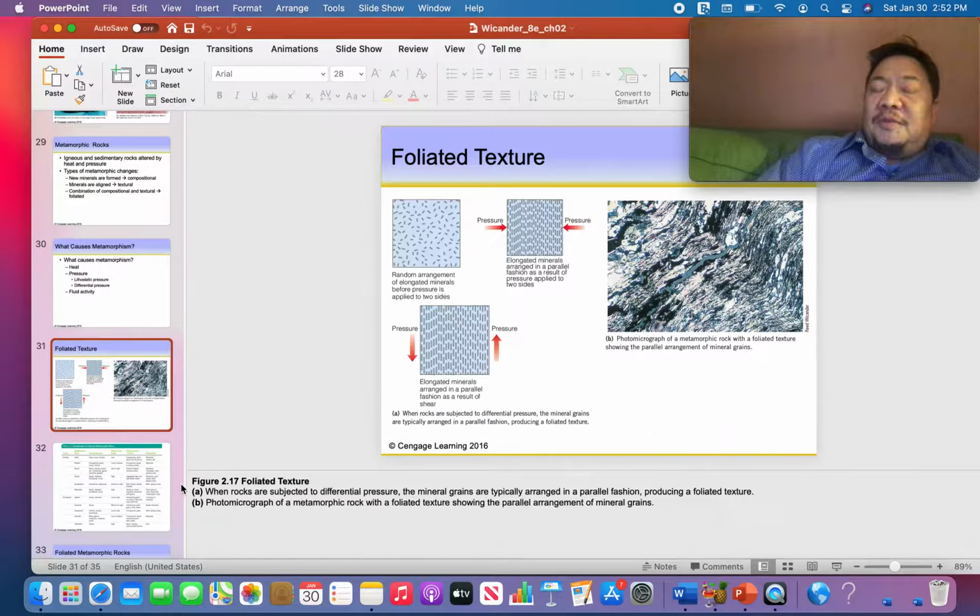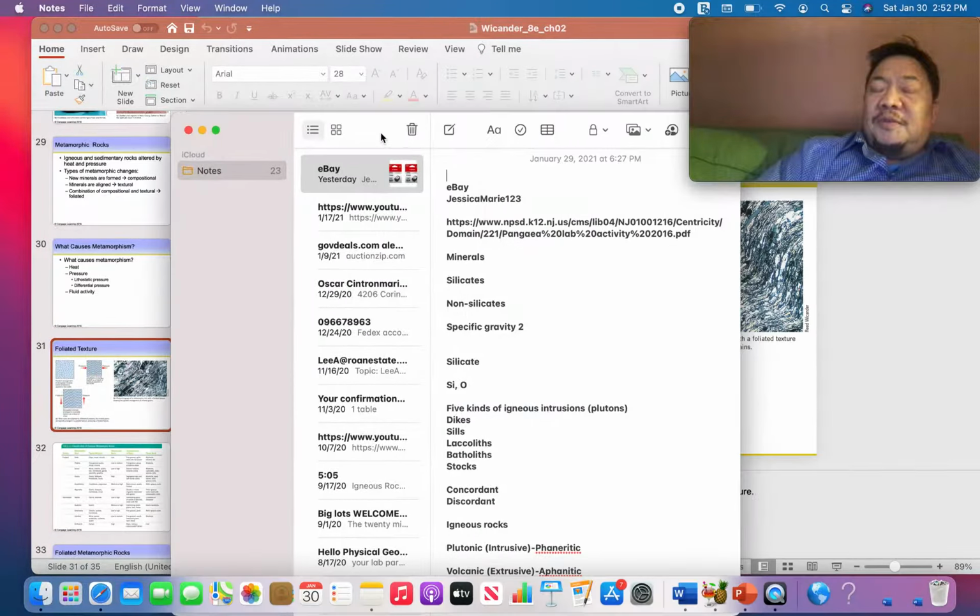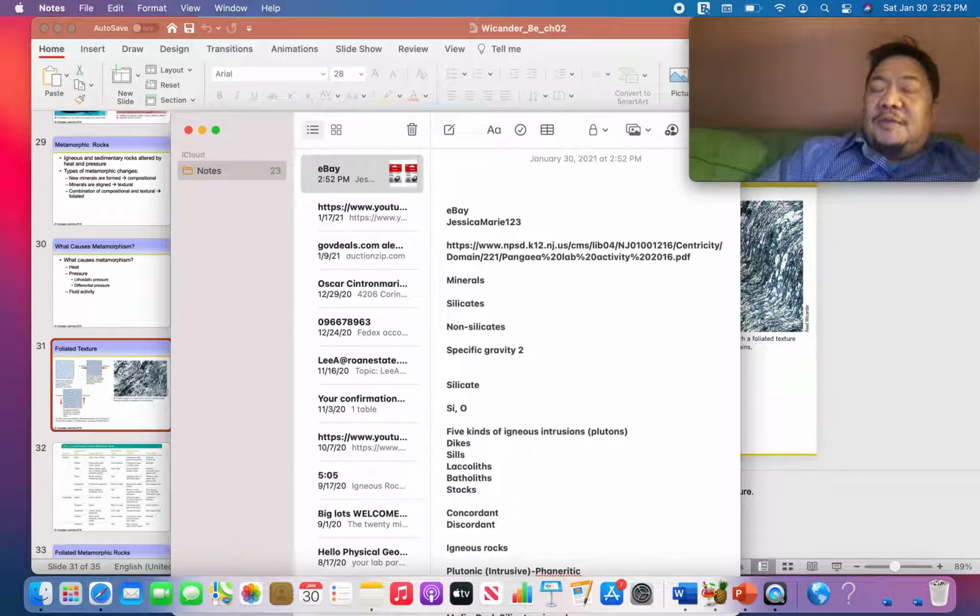Metamorphic rocks can be divided into two main types. So, for igneous rocks, you need to know about the aphanitic and phaneritic textures and the vesicular textures.